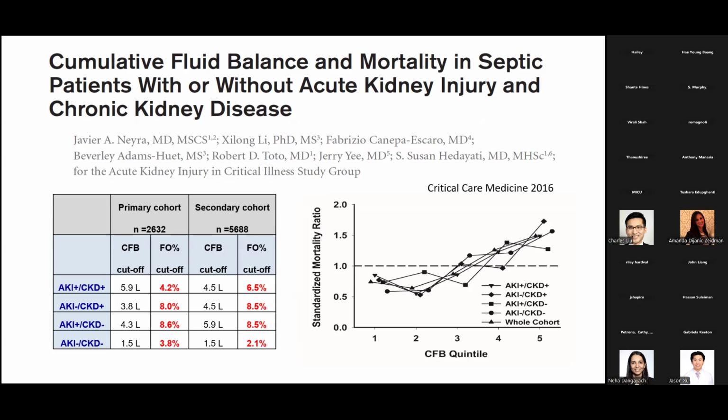That means patients had AKI or not, and patients have underlying CKD or not. So as you can see in the right side of the slide, the cumulative fluid balance in the first 72 hours of the ICU admission had a dose-response relationship with the standardized mortality ratio, independently if patients had AKI or CKD or the combination of both.